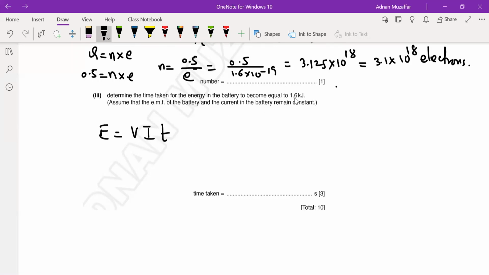But they are saying that energy is decreased. So E2 minus E1, I can use two energies equals to voltage into current into time. Just take the difference of energies, and on the right side, you can use voltage into current into time.